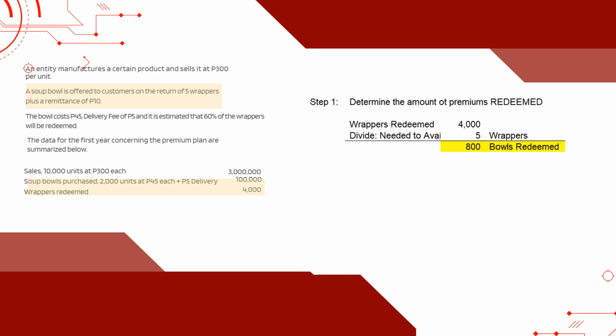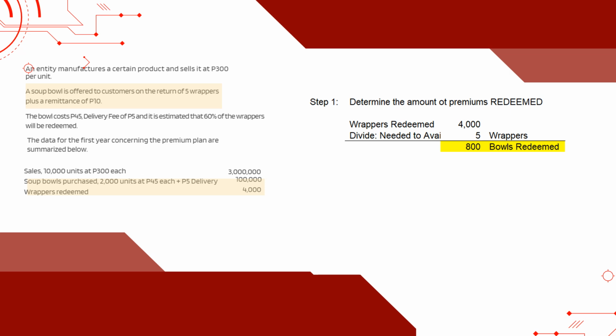Out of what they sold, 4,000 wrappers were redeemed for the soup bowl. So the question is, for those 4,000 wrappers, how many soup bowls do you need to distribute? Not 4,000, because there is a conversion factor. For every 5 wrappers, they will give you 1 soup bowl.